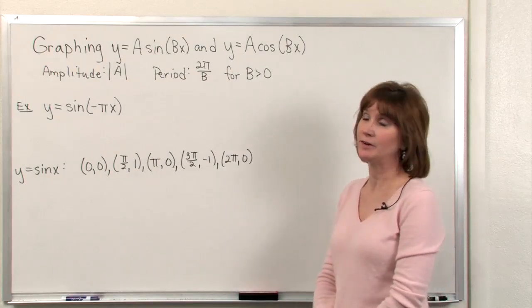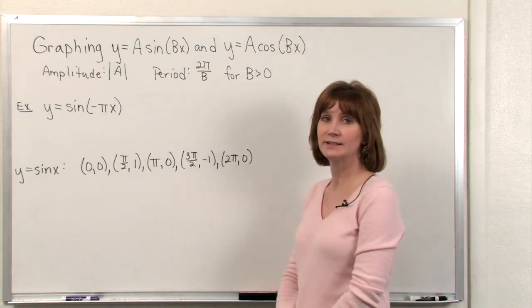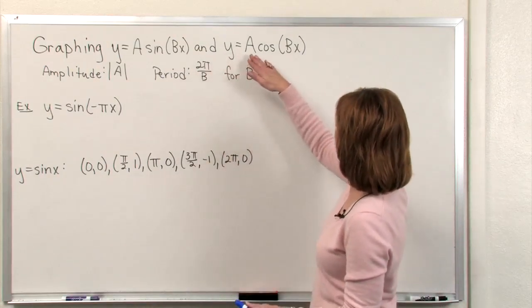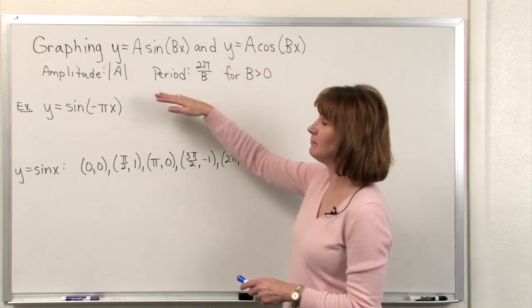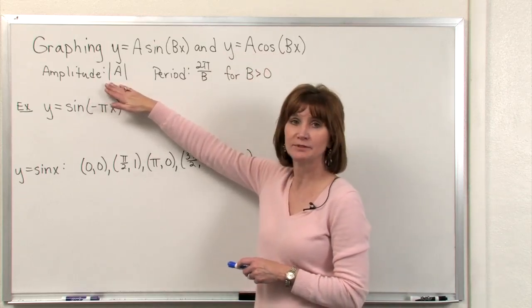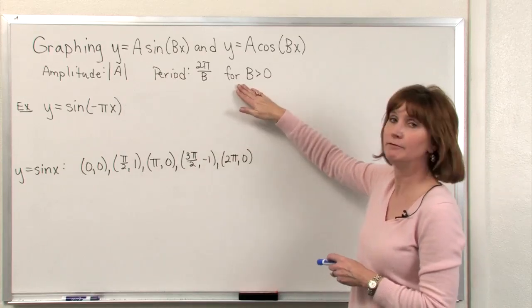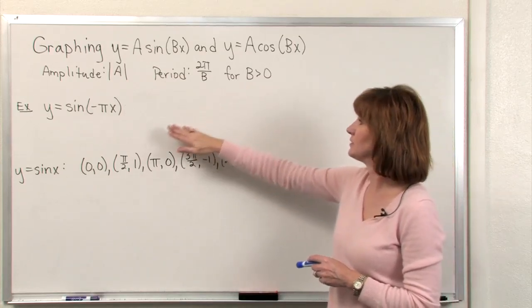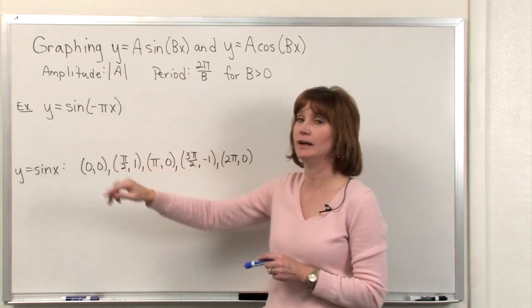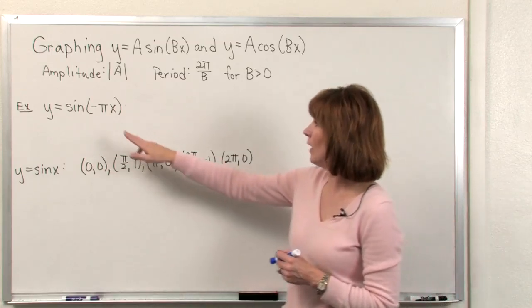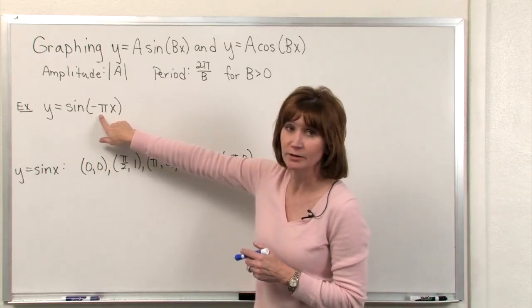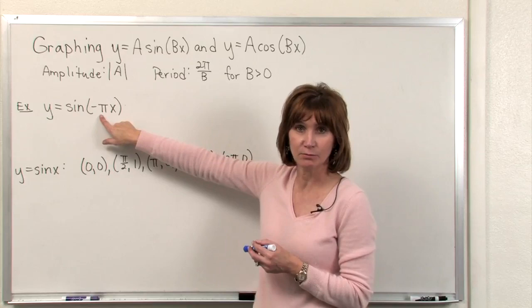Let's look at graphing functions of the form y equals a sine bx and y equals a cosine bx. The amplitude of these functions will be the absolute value of a. The period will be 2 pi over b, again for b positive. Let's look at this example, y equals sine negative pi x. Right off the bat, we notice that our b is negative, so what do we do?